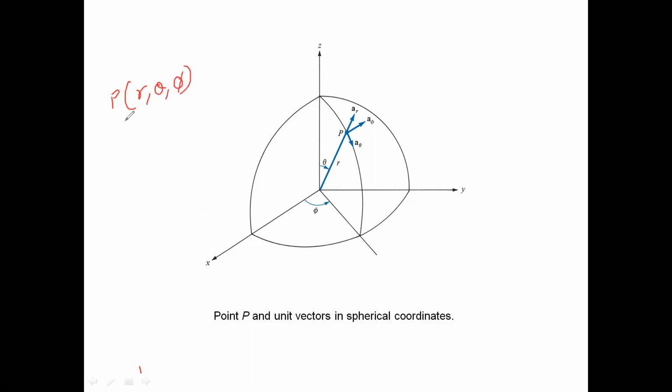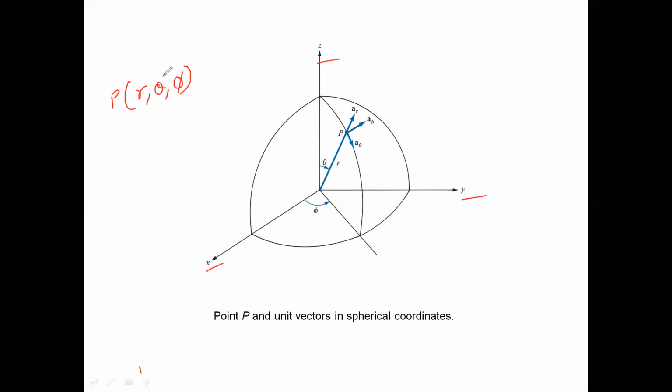Here r is nothing but the radius of the sphere, theta is called the elevation angle, that is taken from the z-axis towards the point P on this line. I hope you can all see the cursor where I am pointing. This is the z-axis, x-axis, y-axis.